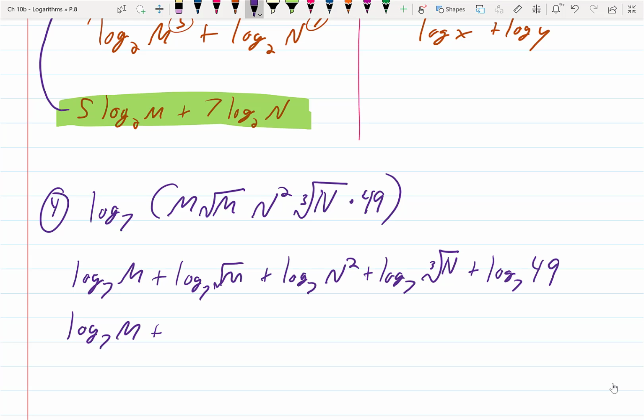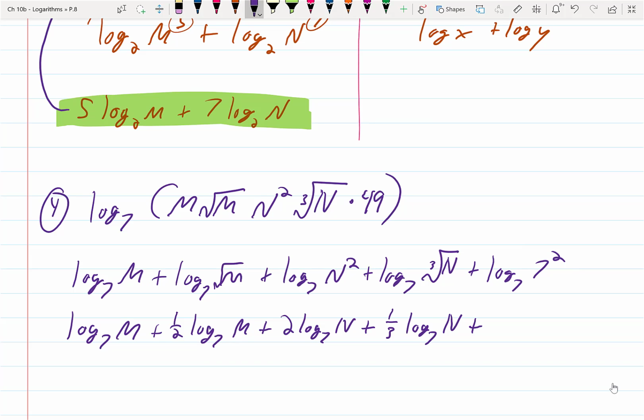What's the exponent on this next one? 1/2. Log base 7 of m plus 2 log base 7 of n plus, what's the exponent here? Plus, can we simplify this? 2. Just 2. And hey, if you really want to, write that as log base 7 of 7 squared.